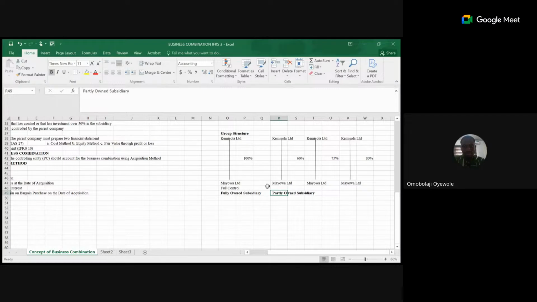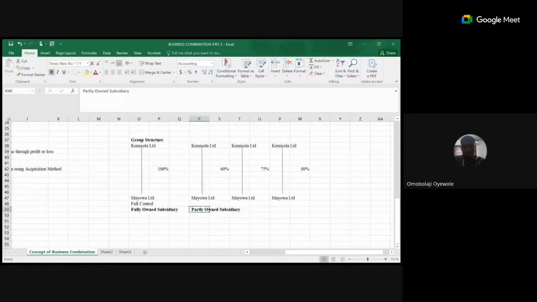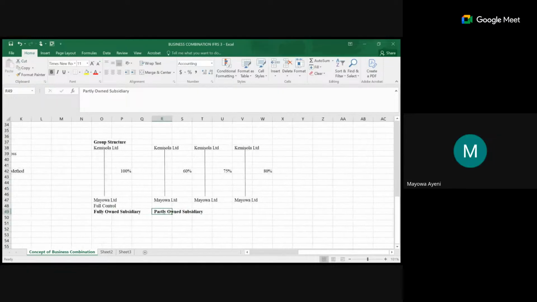Why is it a partly owned subsidiary? Because out of the 100% shares of Mayowa Limited, Kemisola only has how many percent? 60%. I'm not seeing that part of the screen. I'm only seeing the one of 100%. What about now? Okay. Yeah, I can.